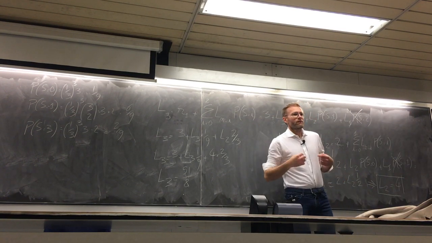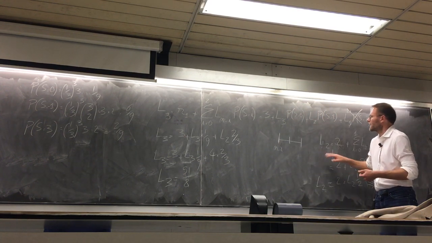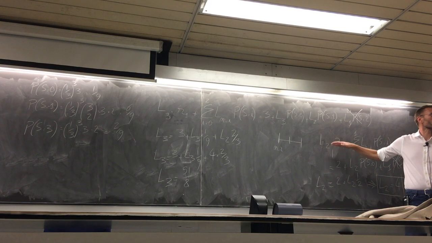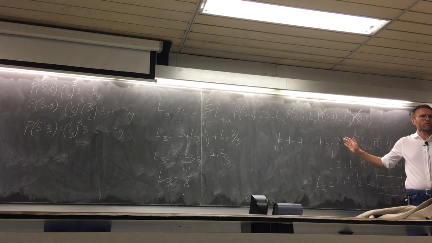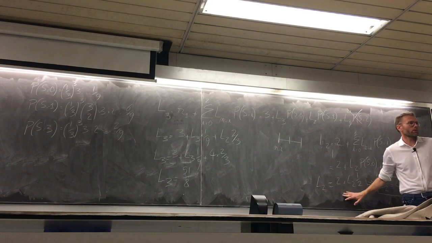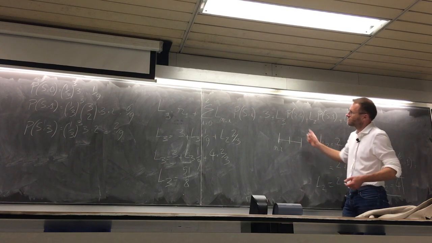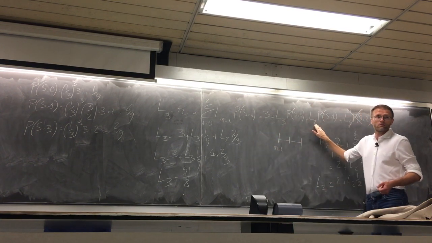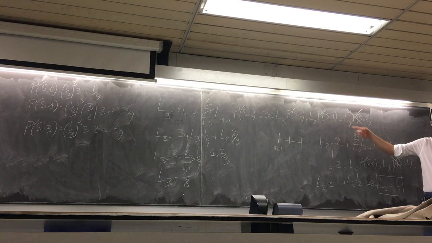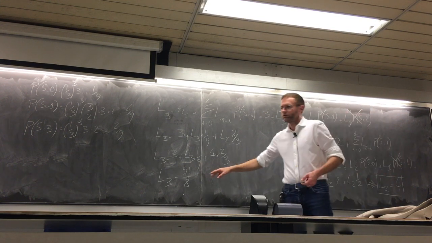You condition on having solved 1, 2, 3, 4 tags after the first frame, and you find L of 2 in this case, so L of n minus 1 in the more general case. You keep doing this recursion until you find a closed form expression of what you are looking for. Then you recurse back: you go back to the original formula and substitute the value of the last L variable that you have calculated, in this case L of 2, and you close the recursion. You find L of 3 in this case.